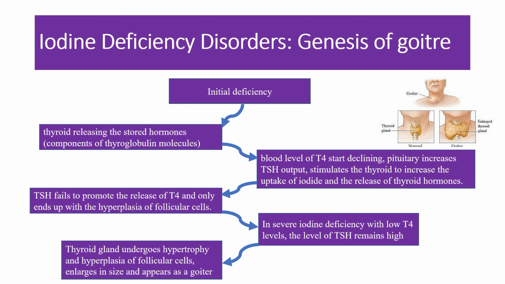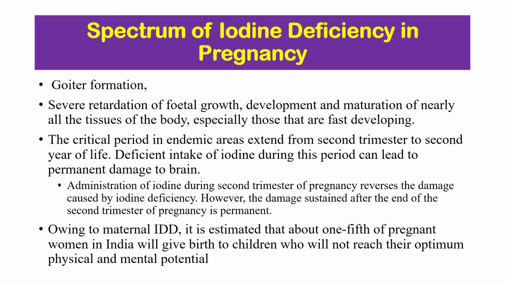If TSH fails to promote release of T4, that leads to hyperplasia of the follicular cells, and in severe deficiency with T4 levels getting less, the TSH levels remain higher, and that stimulates the thyroid gland to undergo hypertrophy and hyperplasia of follicular cells that eventually leads to enlargement of its size and presents as goiter.